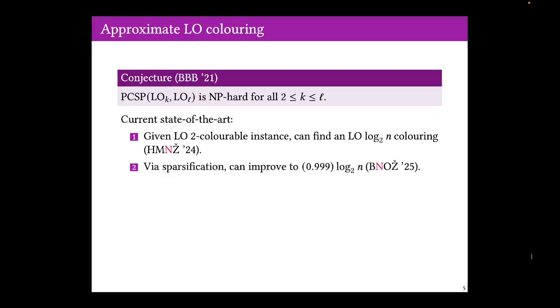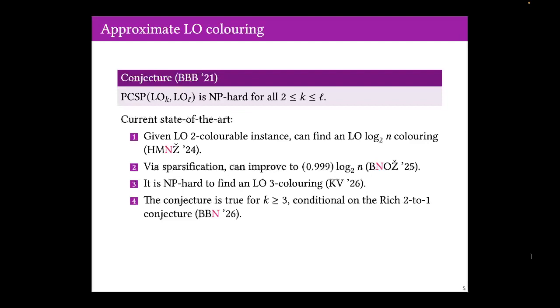To be honest with you, I find the ideas behind this sparsification result more interesting than the fact that you can reduce the number of colors by this small amount. But this is going to be something I'm going to get into a bit later anyway. It was also proved by Krokhin and Vagnozzi that given an LO_2 colorable instance, it's NP-hard to find an LO_3 coloring.